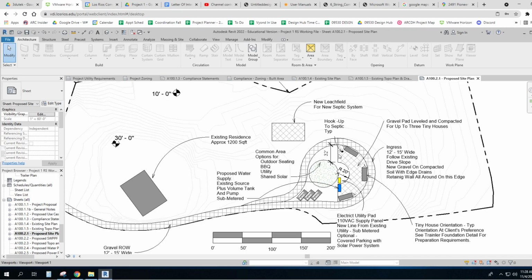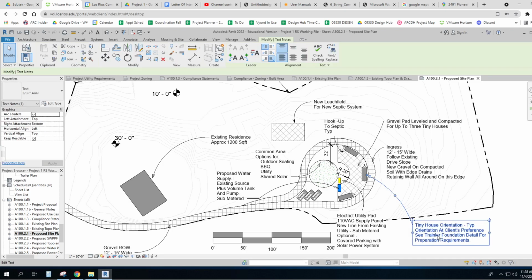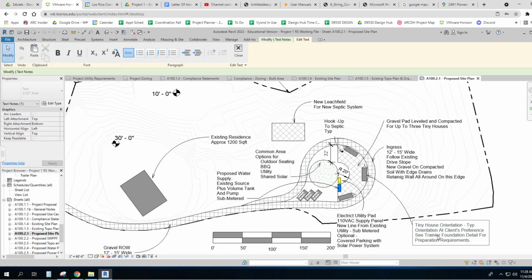So it wouldn't look so much like that, but this area would be part of that crosshatch, and you would pull in, unhook and leave, pull in, unhook and leave, pull in, unhook and leave. So two different ways. And so I just said, well, they're tiny houses. That's the client's preference. And let's get that spelled right.